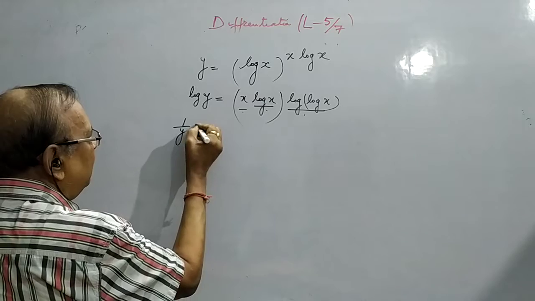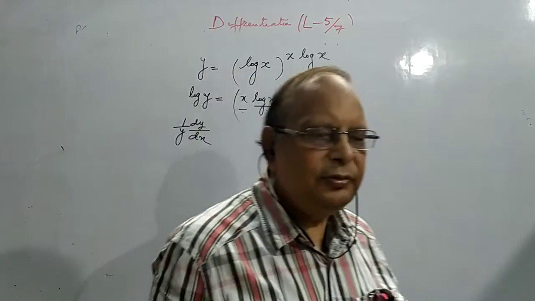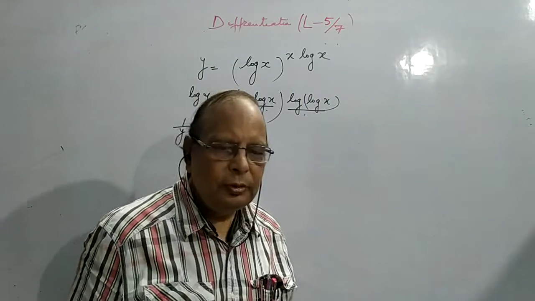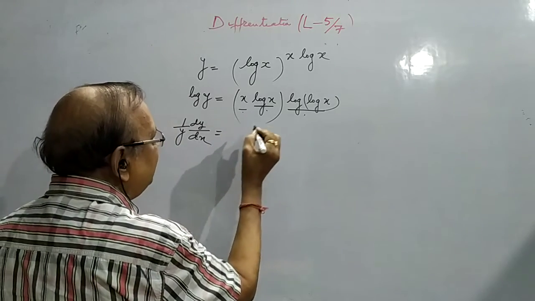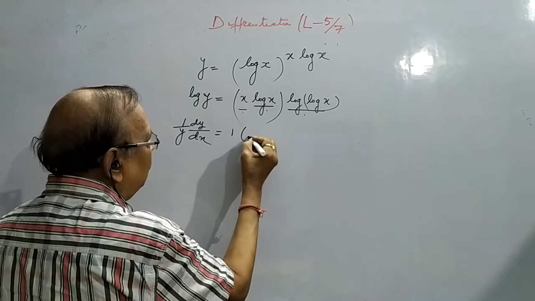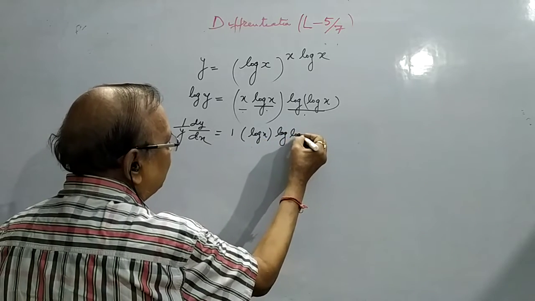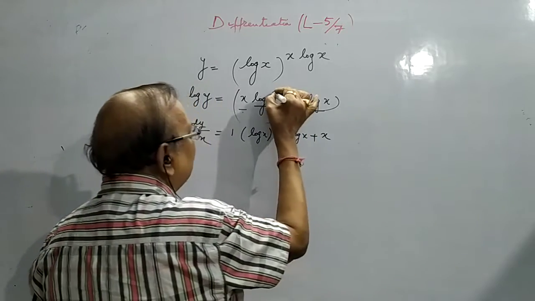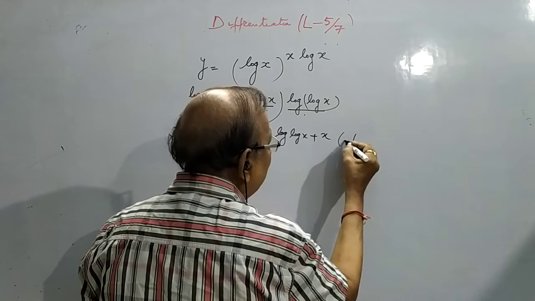1 upon y dy by dx. Now you might be knowing, if there are three functions or more functions, what we have to do? Differentiate the first function, putting the other functions as they are. That is, differentiation of x is 1 into log x into log x, plus the first function as it is, d by dx of the second function, that is log x, and what is differentiation of log x?